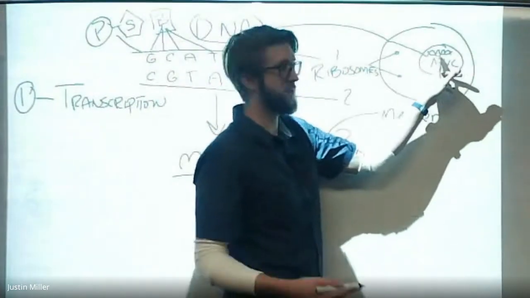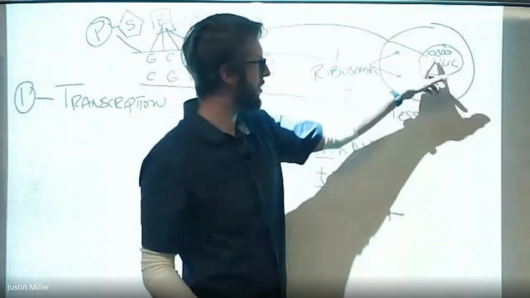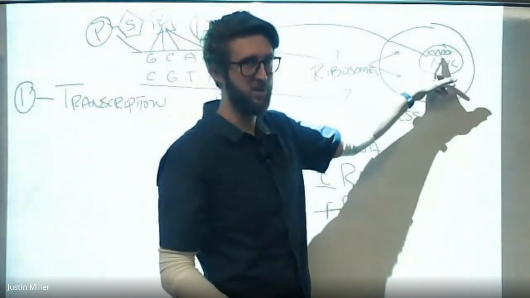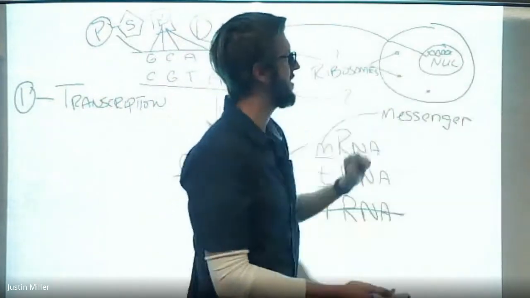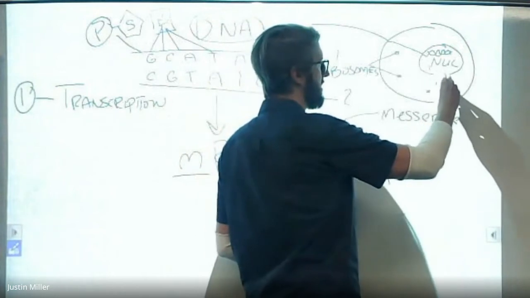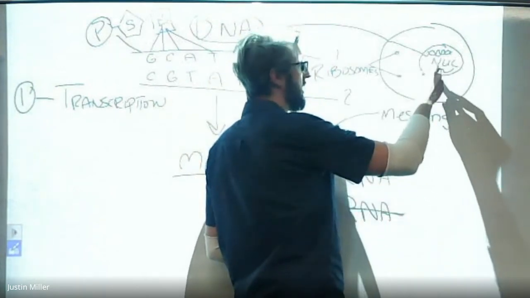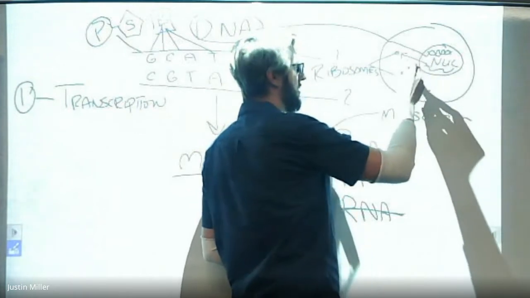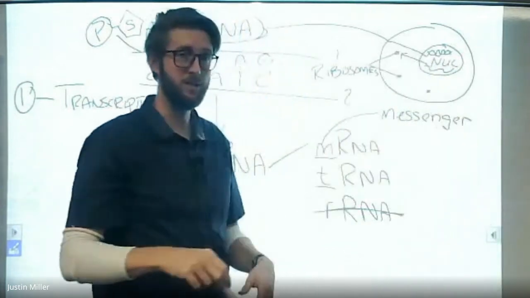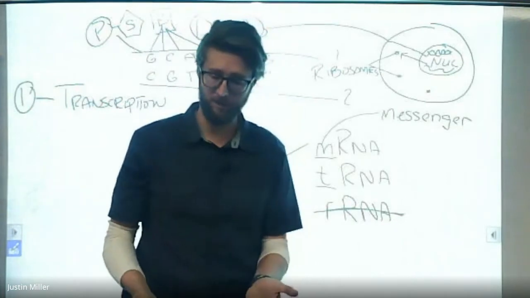So a strand of messenger RNA is going to be created inside the nucleus, and then that messenger RNA, let's say this is messenger RNA, a little squiggly, is going to copy the message from DNA, deliver it to the ribosomes, and then that's where the protein is actually going to be put together.